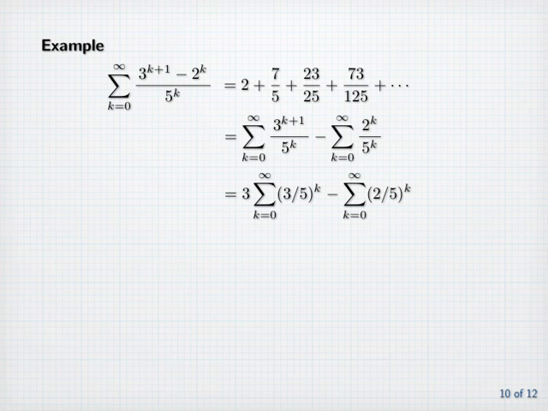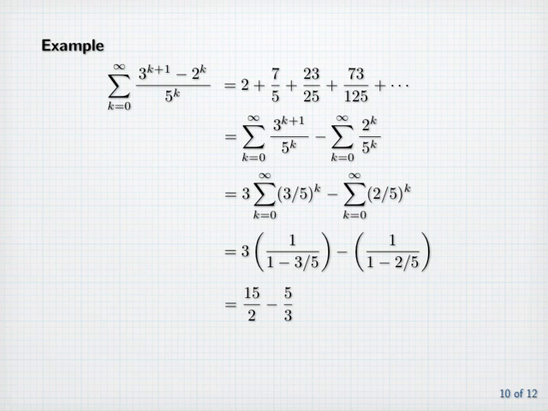Now we can apply our formula to each of these series and obtain 3 times 1 over (1 - 3/5) minus 1 over (1 - 2/5). The first term is 3 times 5/2, and the second term is minus 5/3, so we have 15/2 minus 5/3, which equals 35/6.